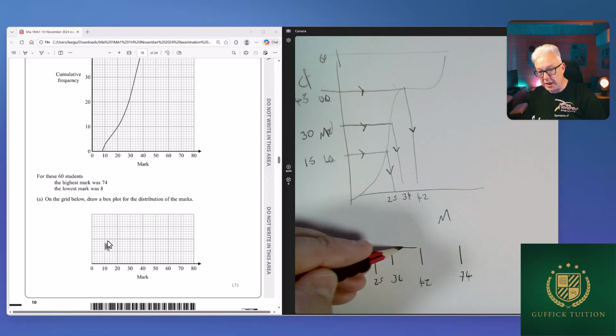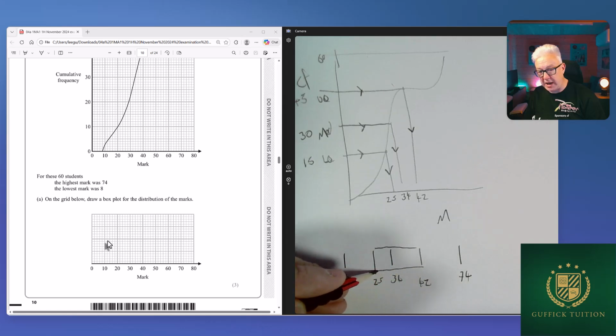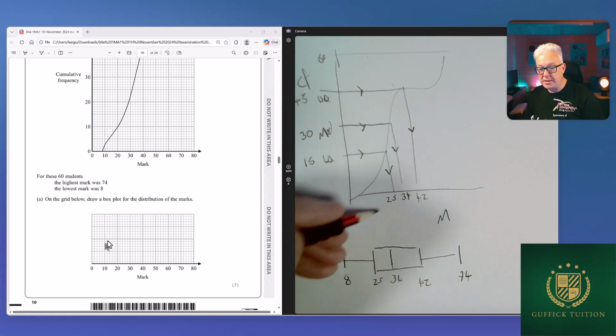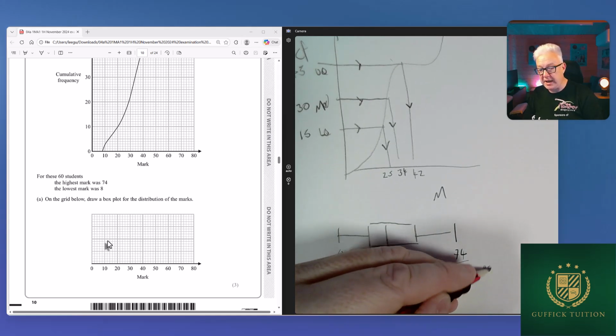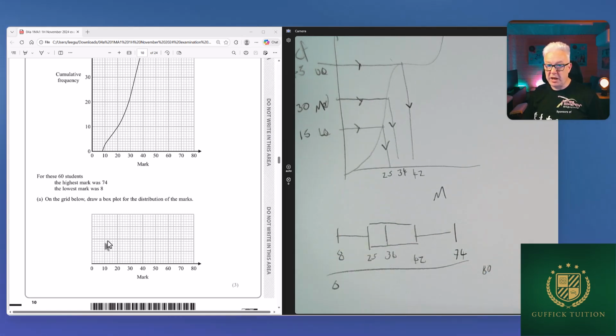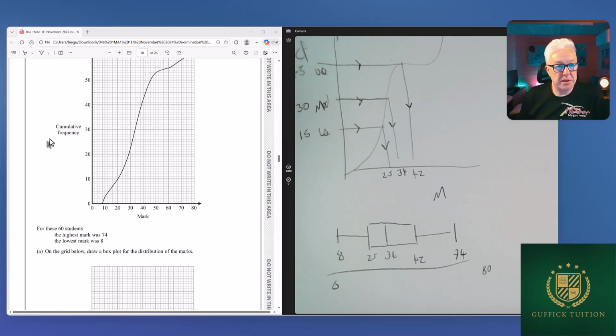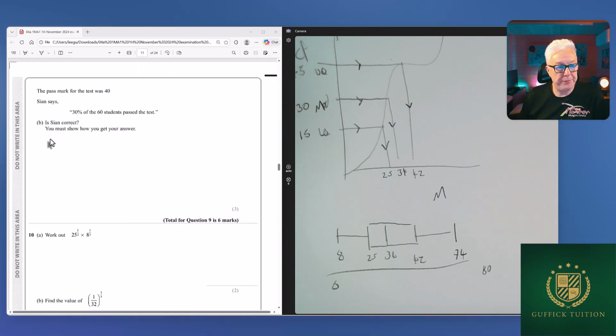Now, because I'm just doing it randomly on the paper, mine's not to scale. But just to show you what you should do, on the grid that they've given you, the one that goes from 0 up to 80, that's how you should plot it. That's a nice little question there. So that's question 9 done.